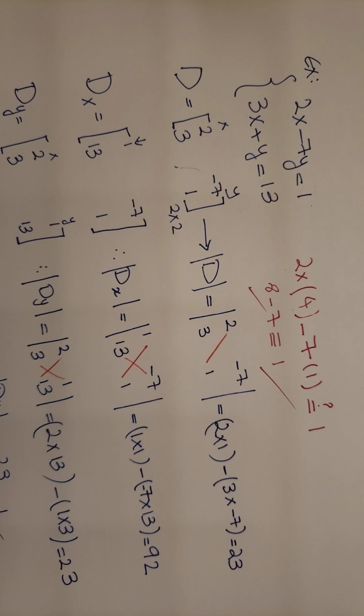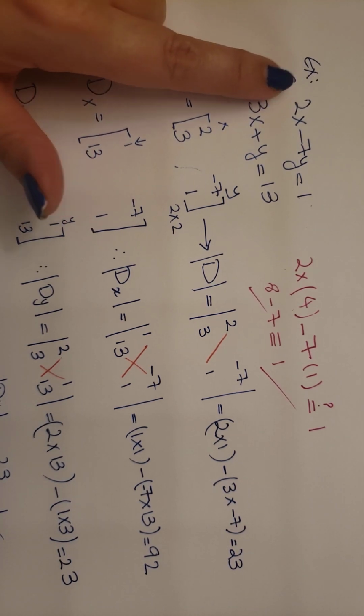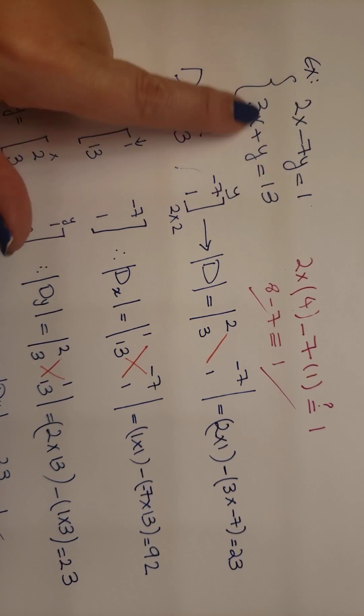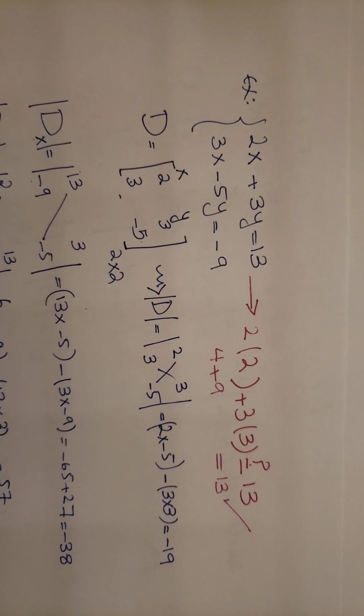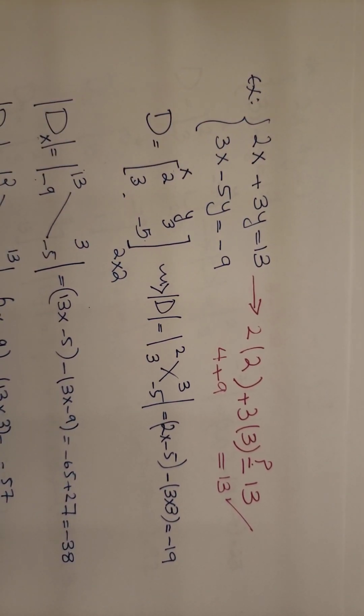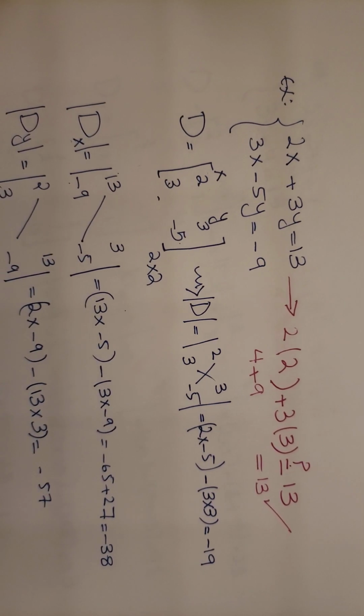Because if you see from previous examples, or even this example here, you only had 2 equations and 2 variables. And this is very simple and easy to calculate.